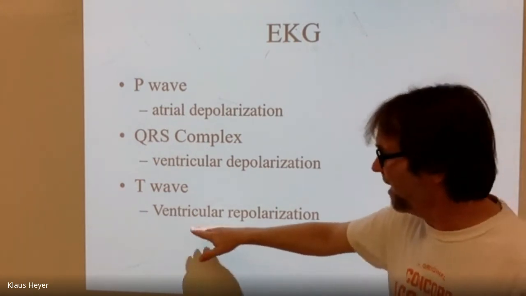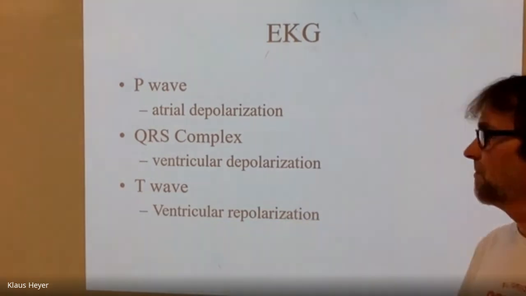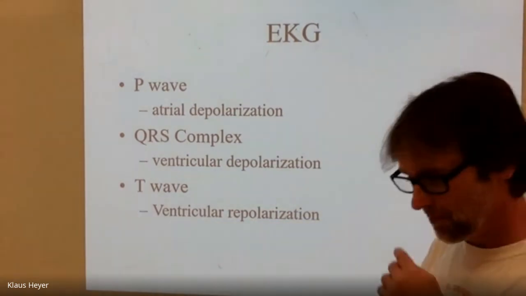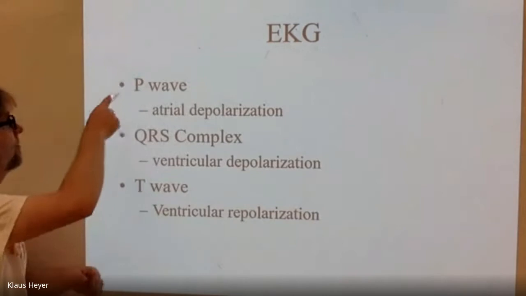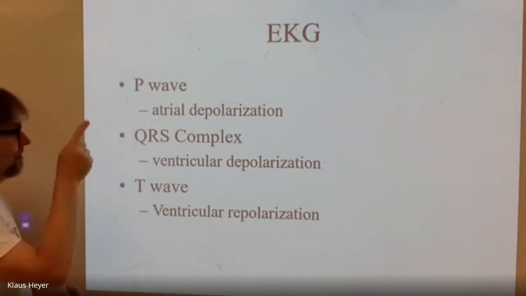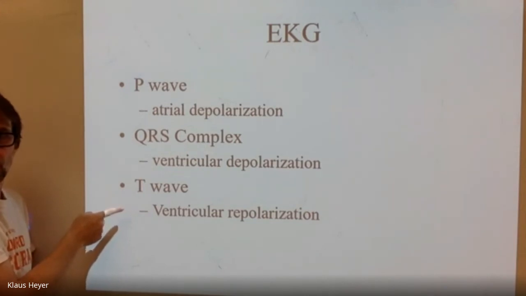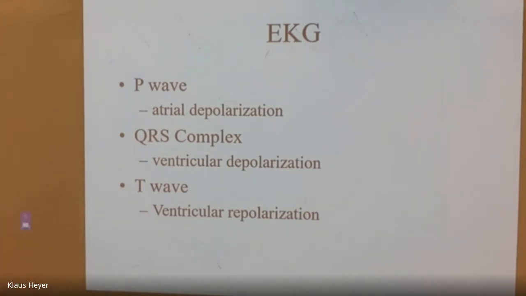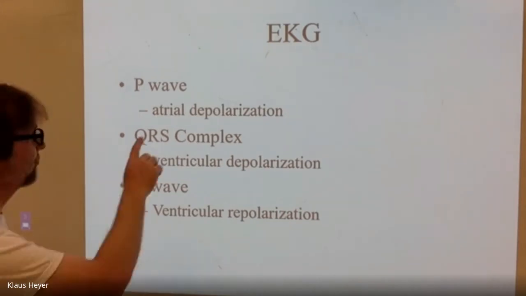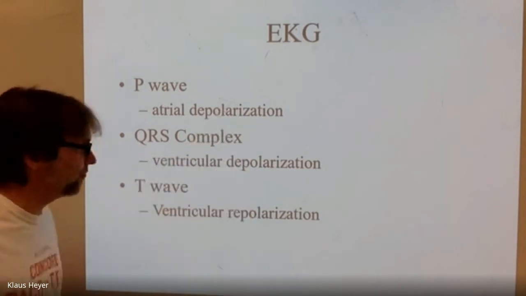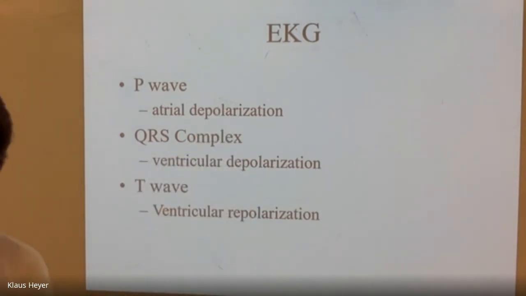The whole heart relaxes. It's like 3 stages: atria contract, ventricles then contract, then the whole heart relaxes. But we're not saying that. We're talking about the electrical signals. So that's why we're using these words depolarization and repolarization.